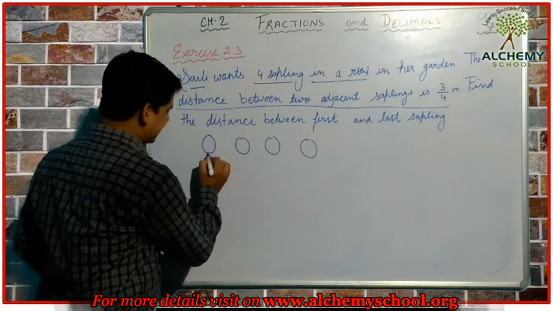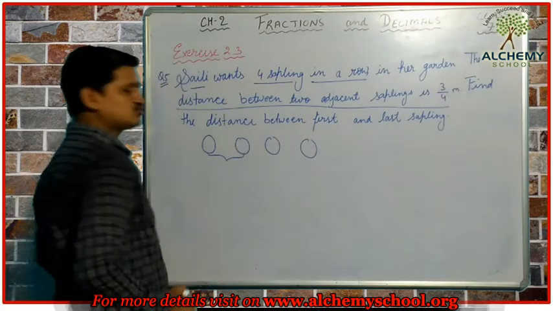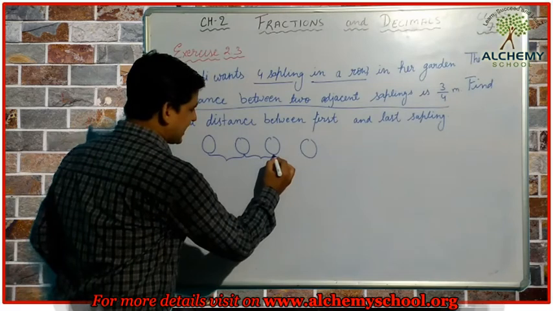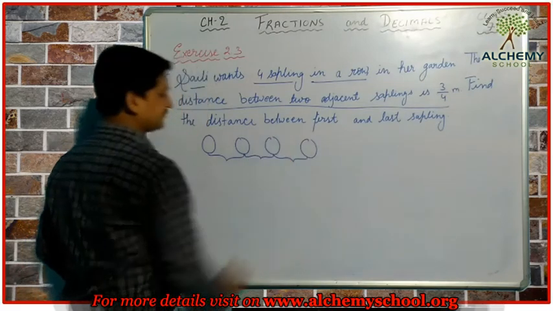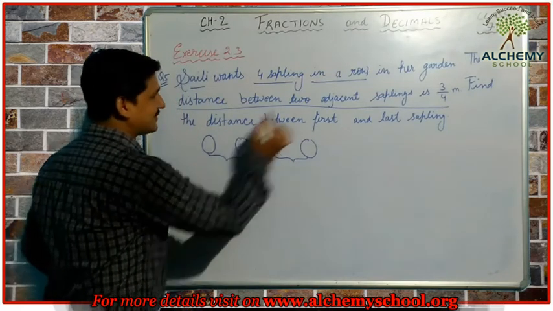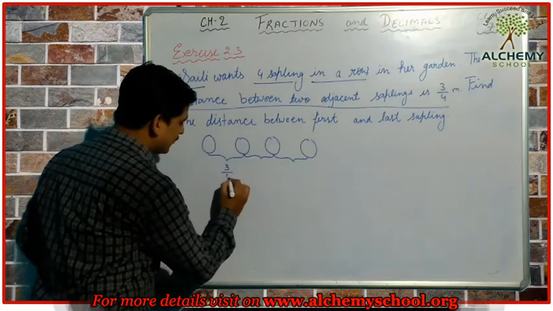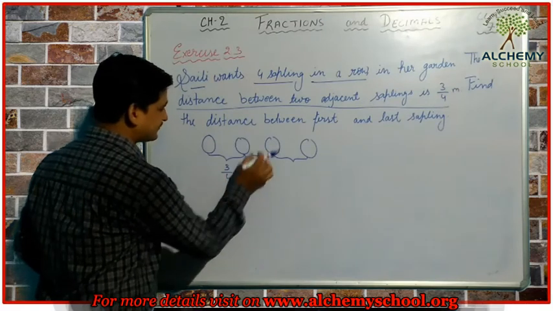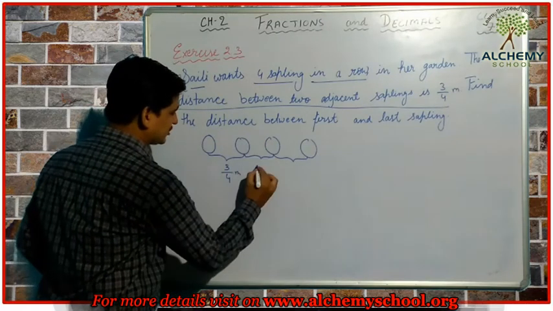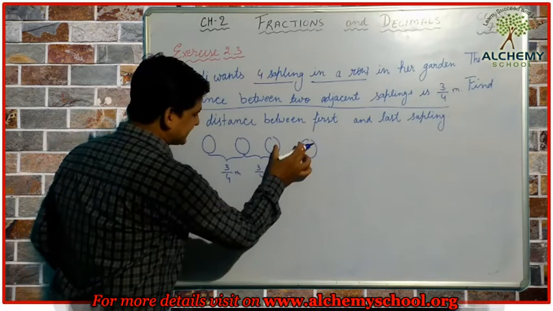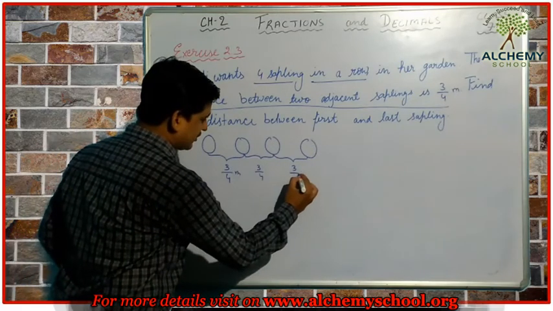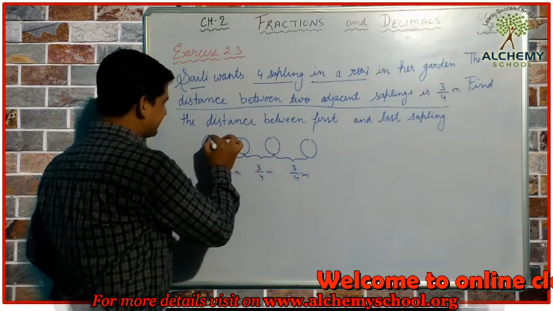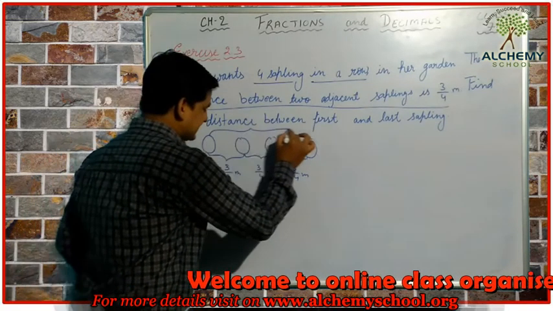These 2 are adjacent saplings, these 2 are adjacent saplings, and these 2 are adjacent saplings. The distance between 2 adjacent saplings is 3 upon 4 meter. So the distance between each pair is 3 upon 4 meter. Okay, we have to find the distance between first sapling and last sapling.